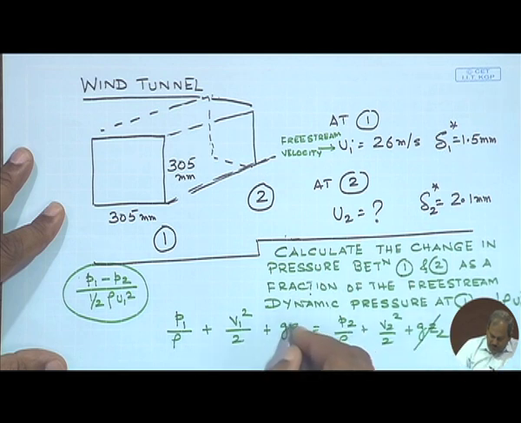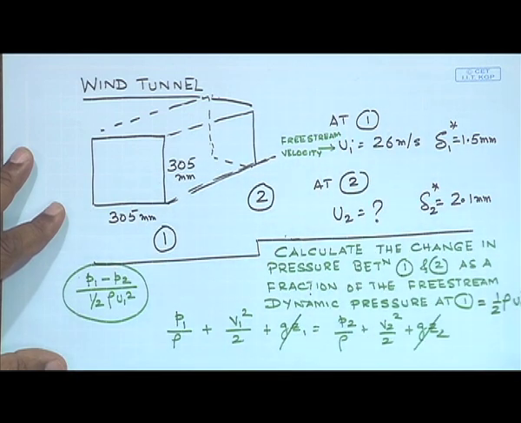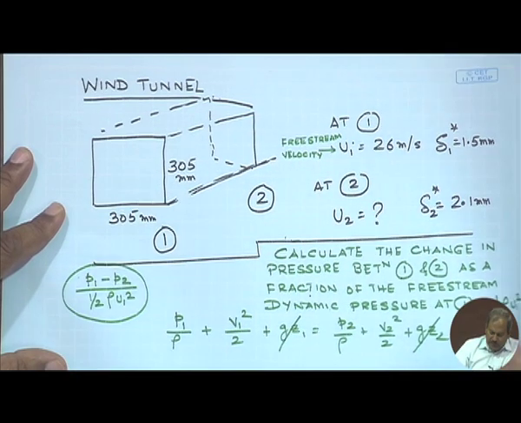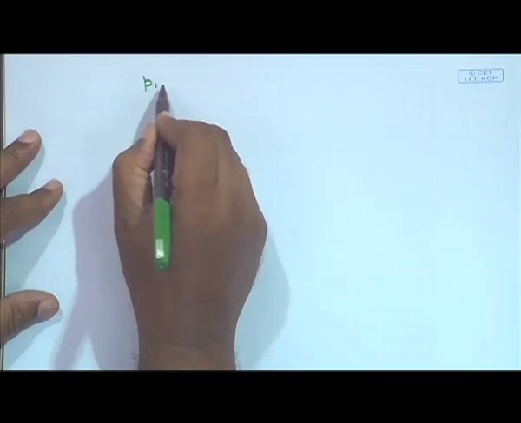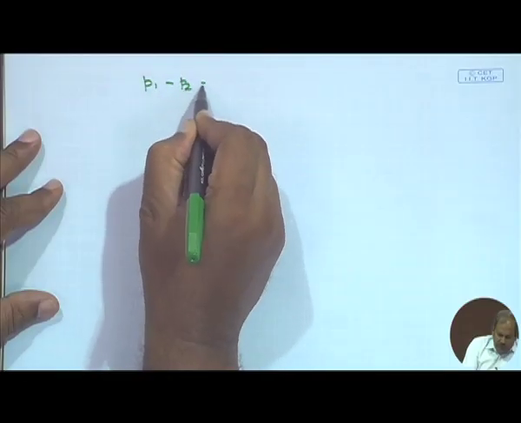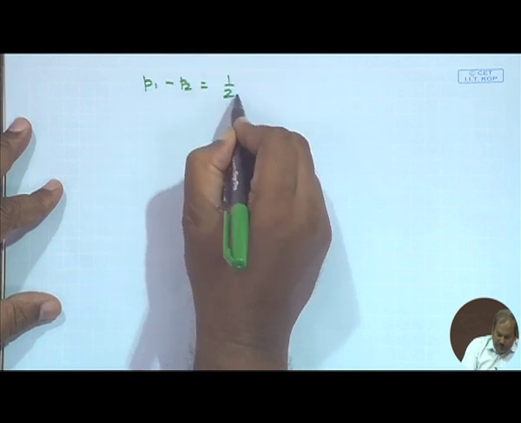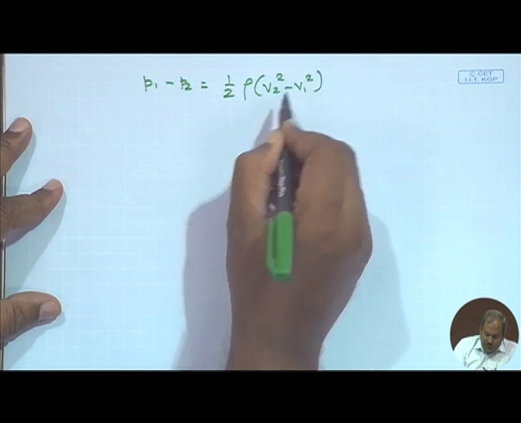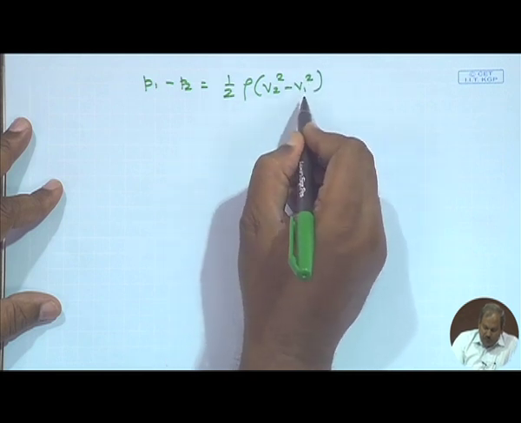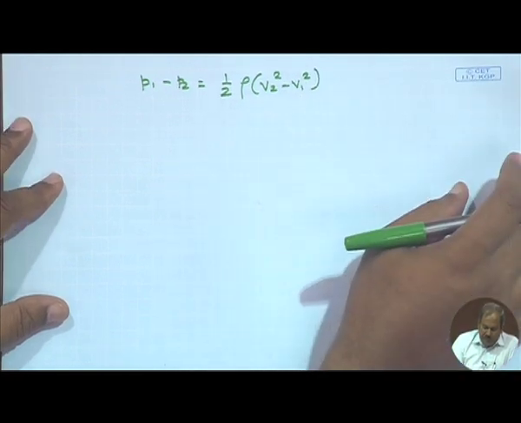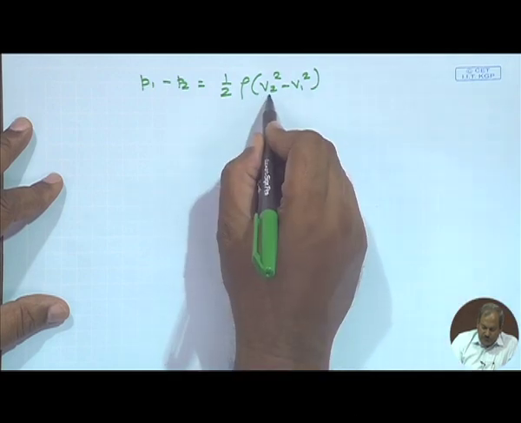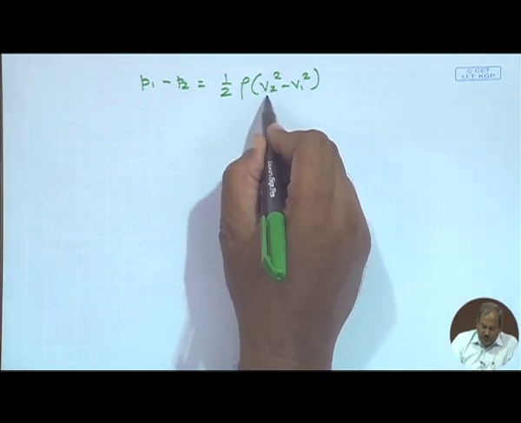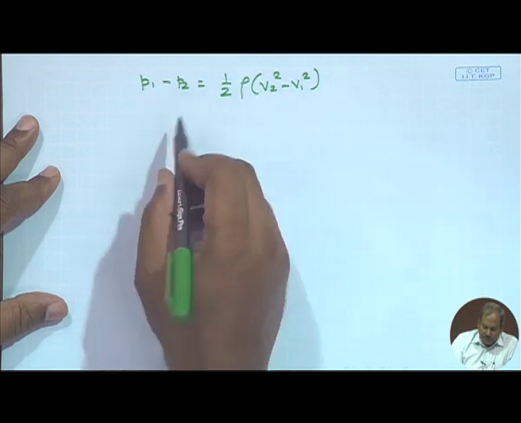I would assume that the wind tunnel is horizontal, and therefore, this P1 minus P2 would simply be equal to half rho times V2 square minus V1 square. Remember that V2 and V1 will both have to be the velocity in the free stream or the inviscid flow situations.